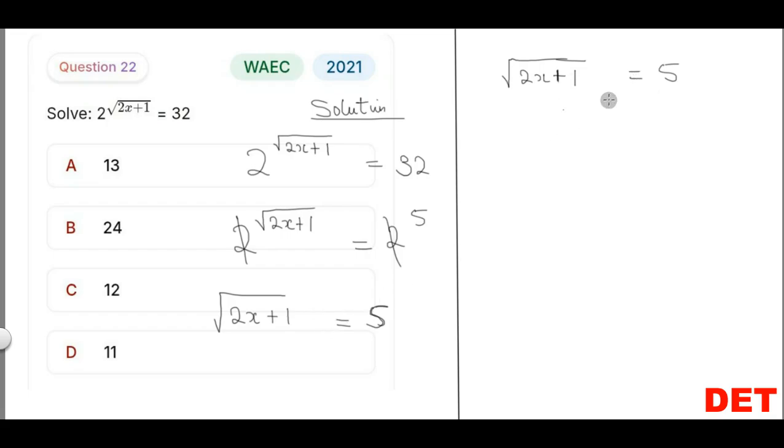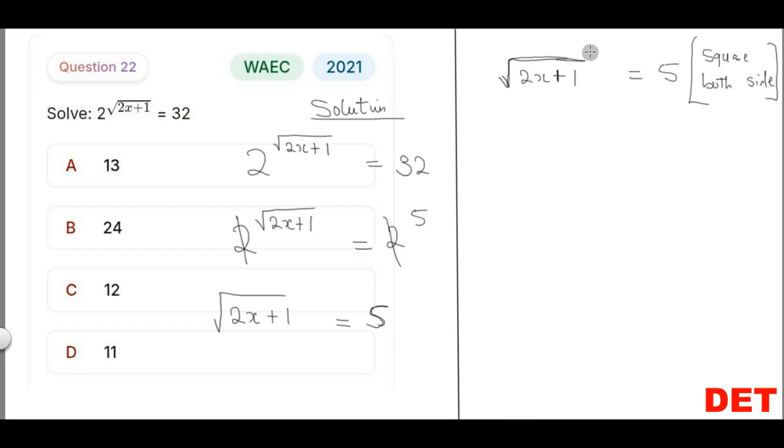The next thing I'm going to do is to square both sides of the equation in order to remove this square root sign. I want to square both sides of the equation.